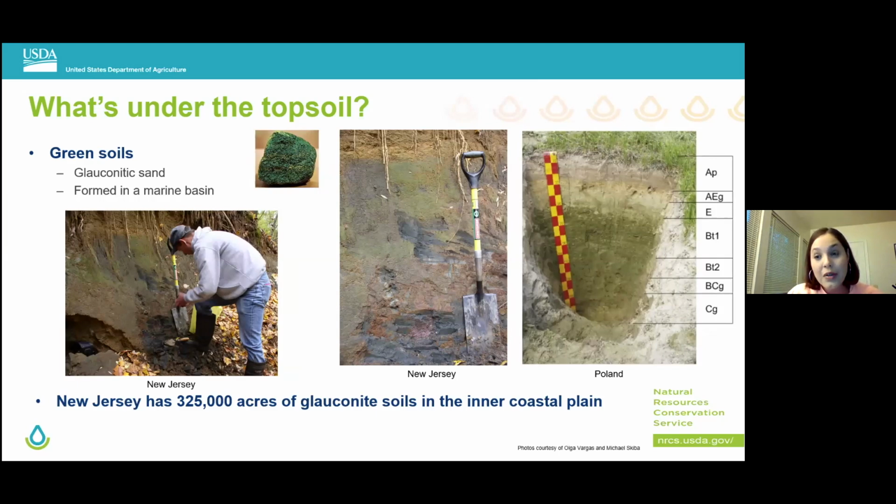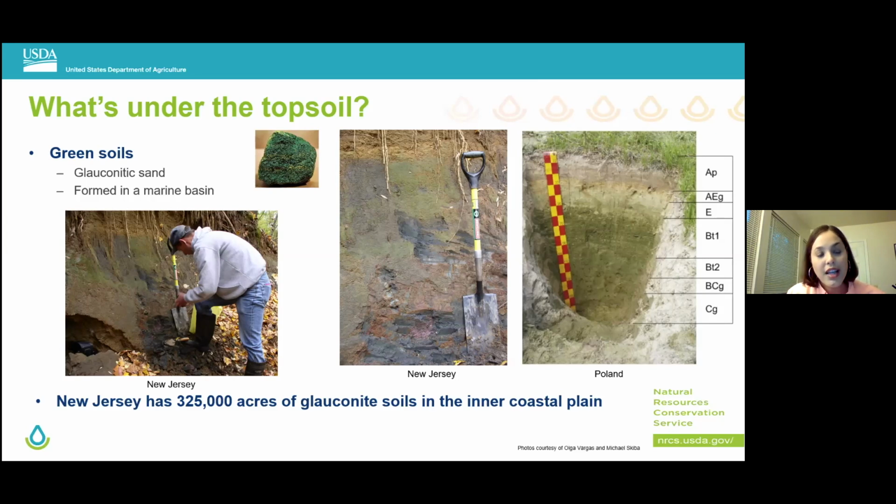Glauconite is a mineral that is formed under marine conditions. There is a picture there, so you can see an example of that mineral. In New Jersey, those soils were formed on rocks that were underwater 100 million years ago.